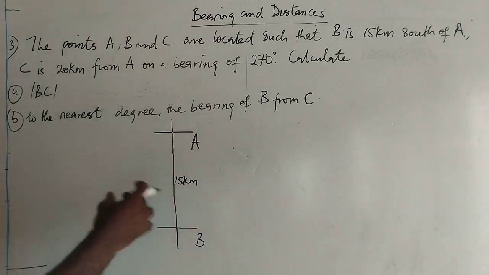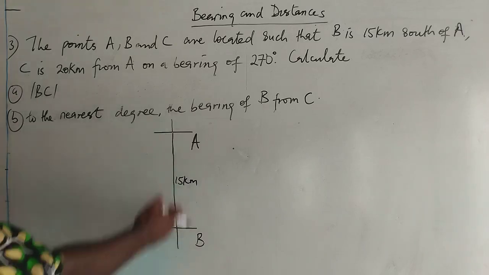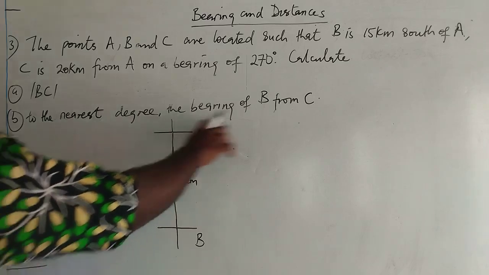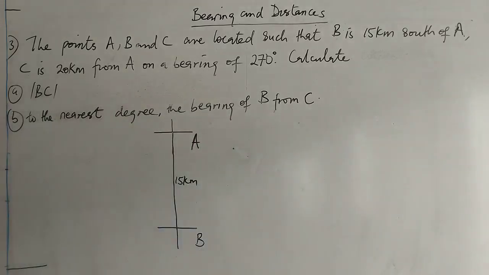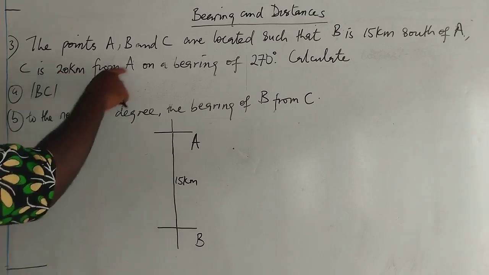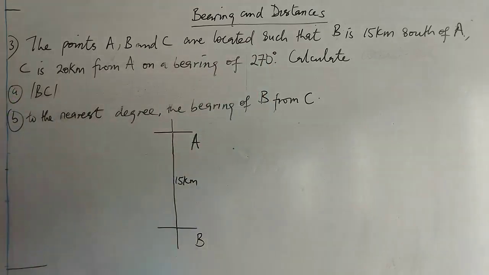So south of A means the same thing as due south. Due south of A means a straight line from south of A. If it says due east of A, it means a straight line from the east. If it's due north, it means a straight line from the north. Then it says C is 20 kilometers from A on a bearing of 270.